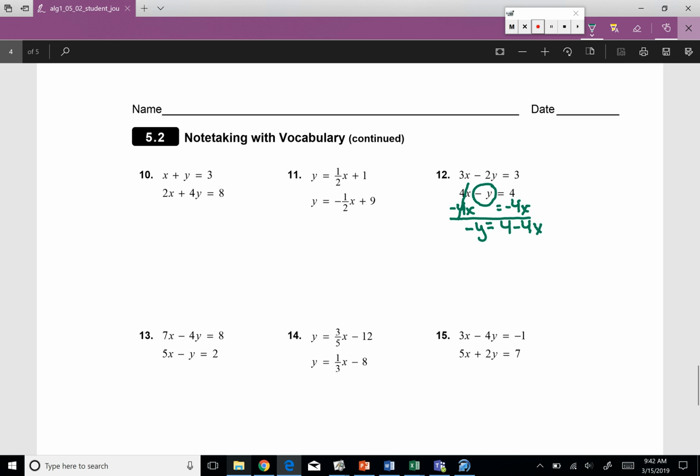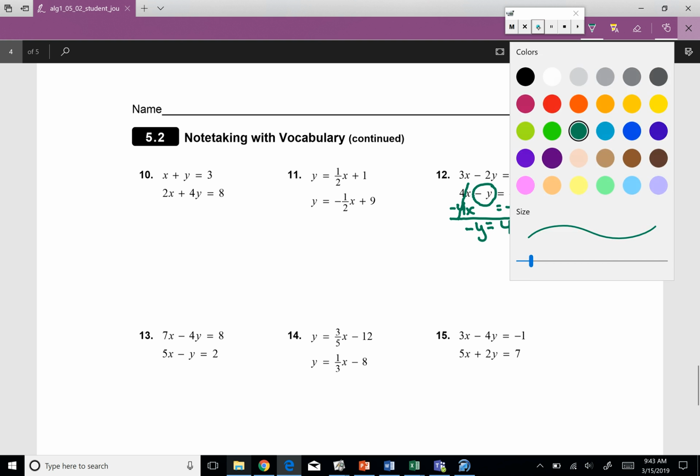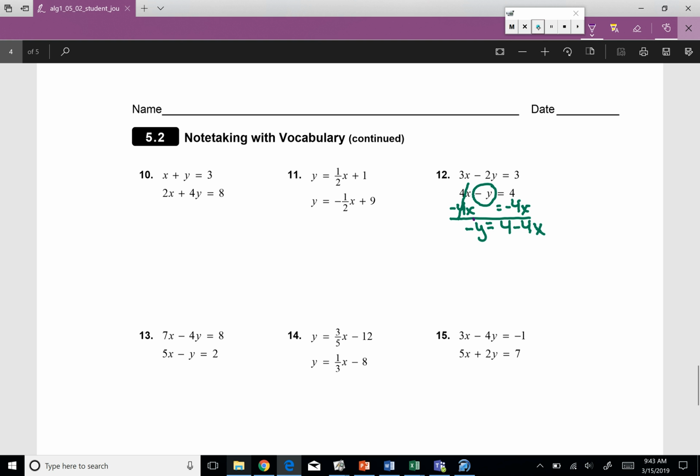I cannot put those together, they do not make a 0. They do not both have x's, I cannot combine them. Now what's left in front of that y, there's really a negative 1 there. So I need to divide by negative 1. So I have y equals negative 4 plus 4x.